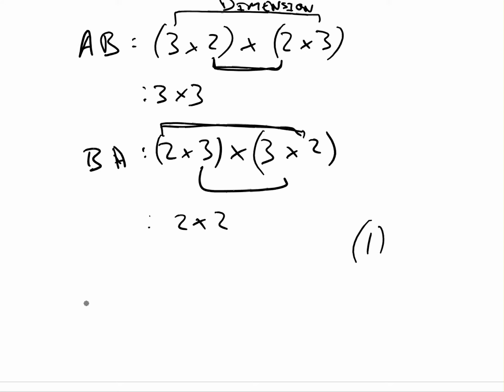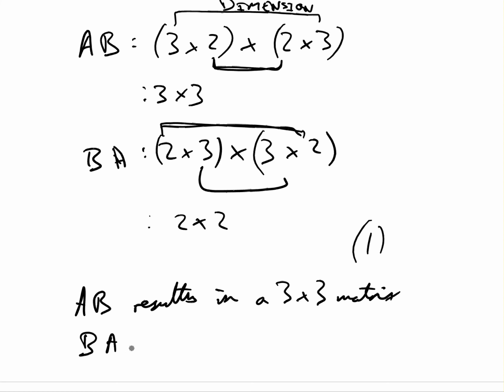So all you have to basically say is matrix multiplication is not commutative, or AB results in a 3 by 3 matrix. BA results in a 2 by 2 matrix.